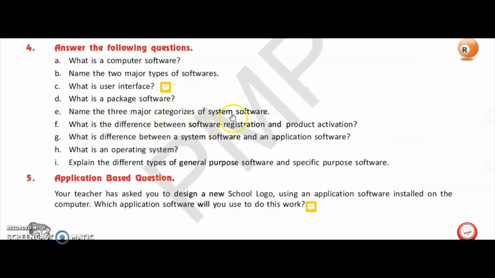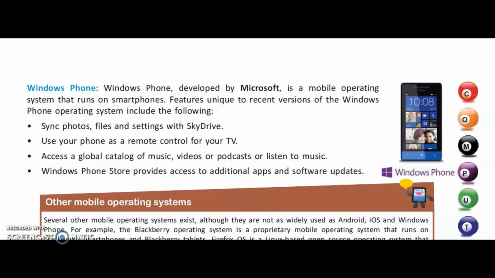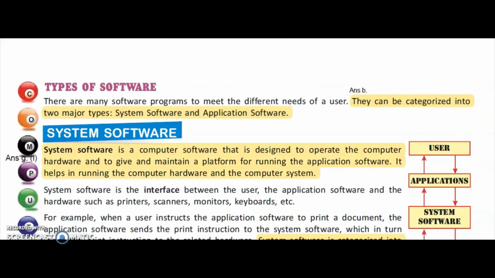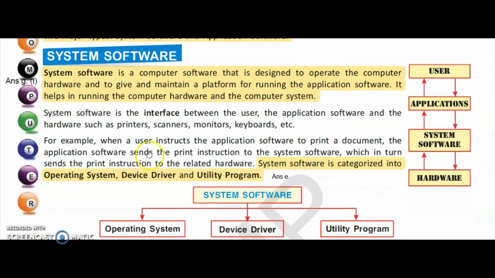Now the next question. Name the 3 major categories of system software. The answer is on page number 4. This is the answer. System software is categorized into operating system, device driver and utility program.